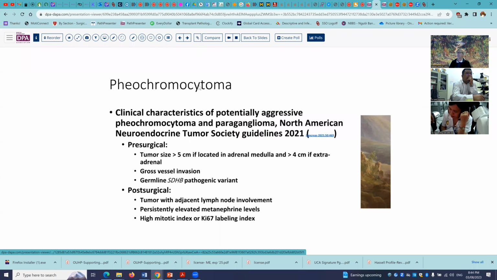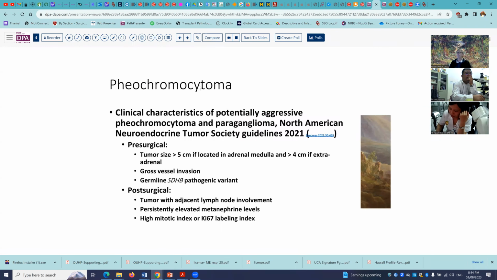So specifically with regard to pheochromocytoma, there are a number of ways of looking at this in terms of treatment and grading and so forth. And I've just included one setting here from the North American Neuroendocrine Tumor Society to mark potentially aggressive lesions.